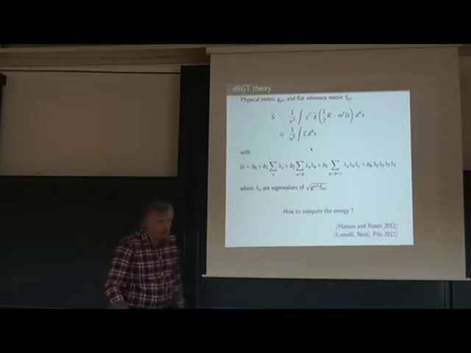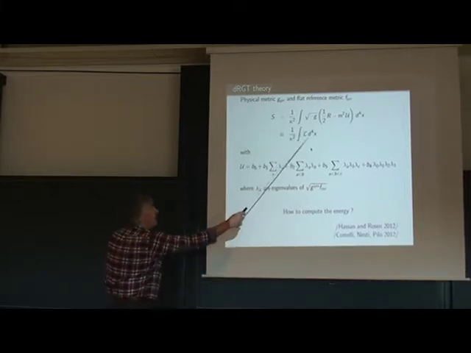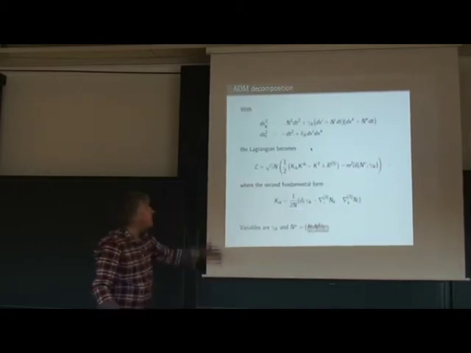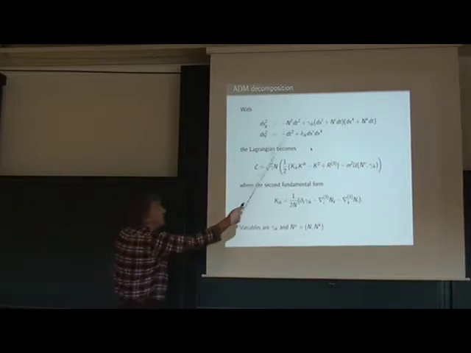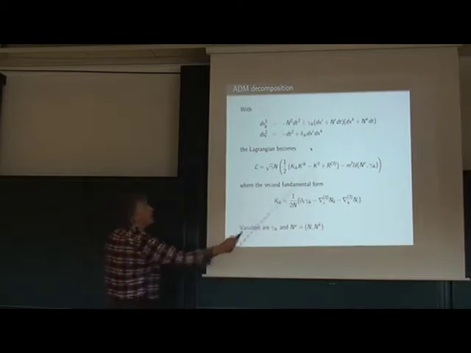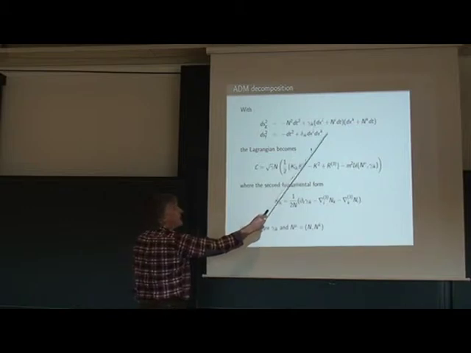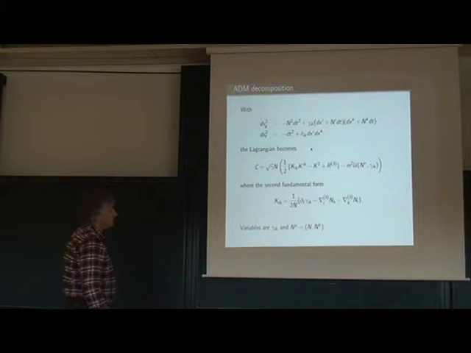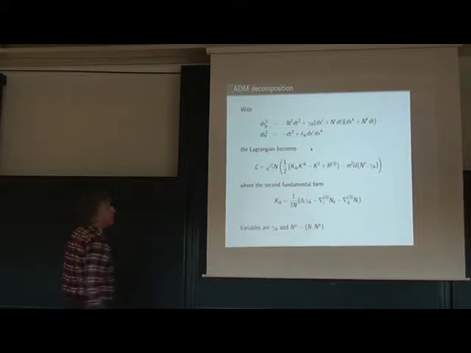Okay, so what to do? We have the Lagrangian here. The first step is to do the standard 3+1 ADM decomposition of the physical metric. The physical metric is split like that: there is a three-dimensional metric gamma, and then there are lapse and shift functions n. So here are the variables in the theory, gammas and n's.